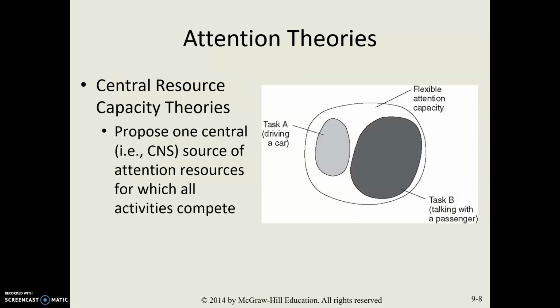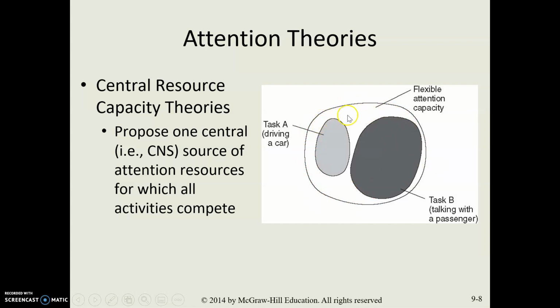Here's a good visual, I think, of this concept. The idea is that there's one place in the central nervous system where we are able to attend to information, and we can attend to different pieces of information as long as it doesn't take up all our resource area.